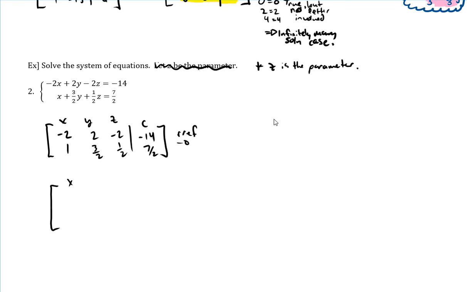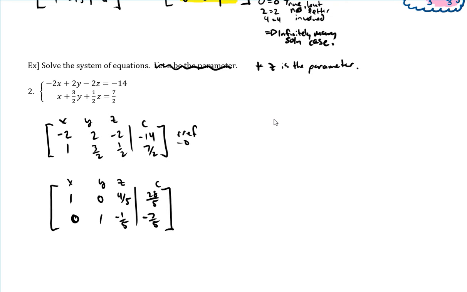So let's write it down below. Our x, y, z, constant, and we did get 1, 0, 4/5, and then 28/5, and then 0, 1, negative 1/5, and negative 7/5.